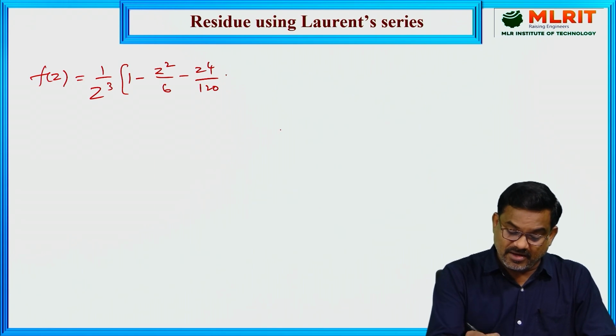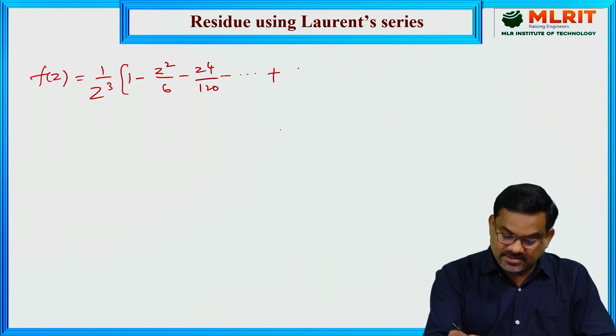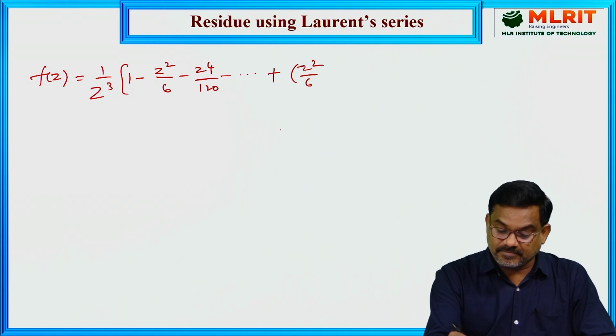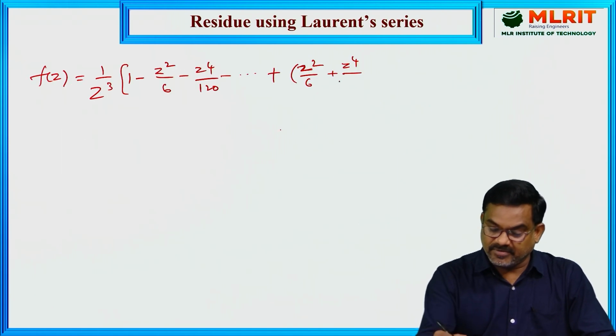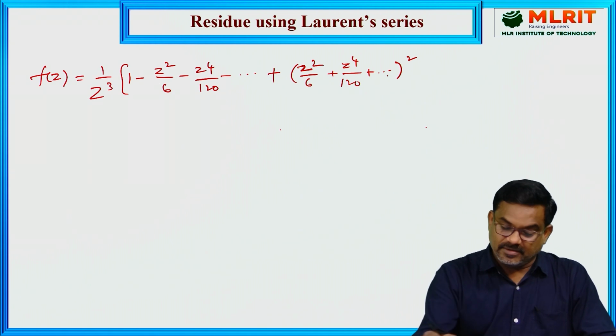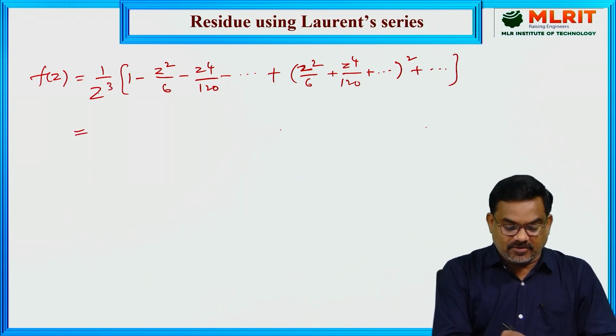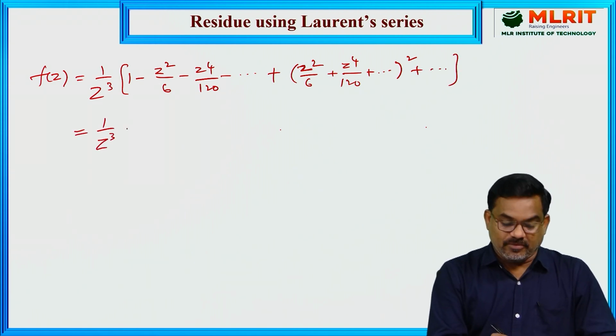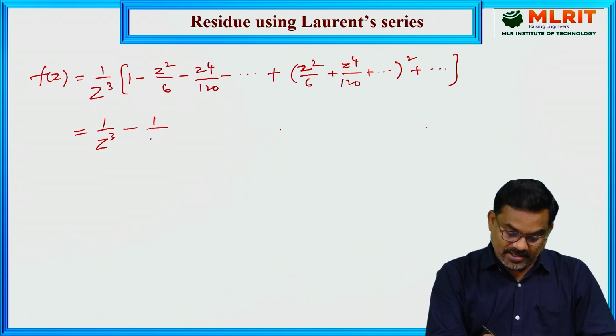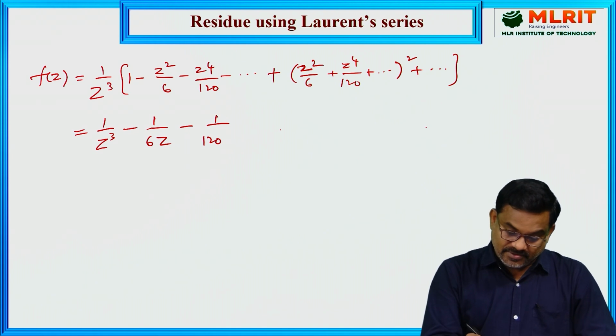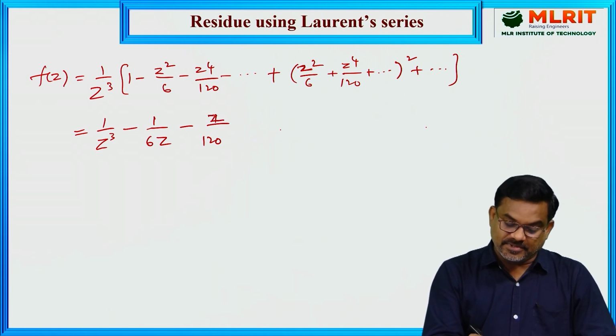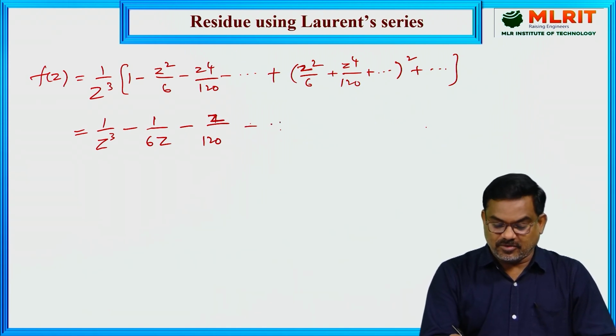So here also we have minus and so on, plus z square by 6 minus z power 4 by 120, plus so on, whole square, and so on. By multiplying with 1 by z cube, we get 1 by z cube minus 1 by 6z plus so on, so the z term comes in the numerator and so on.